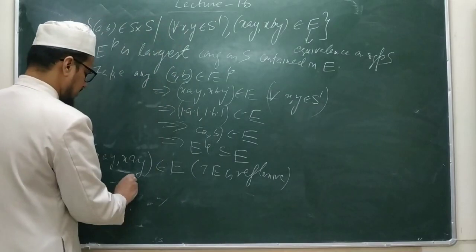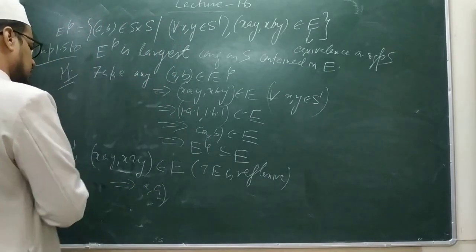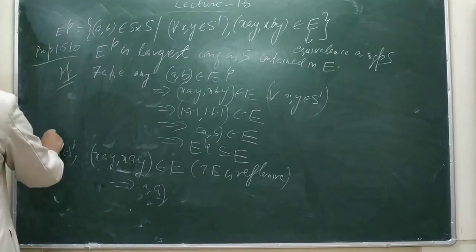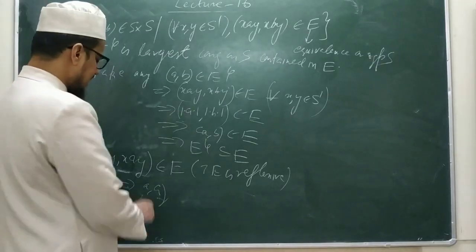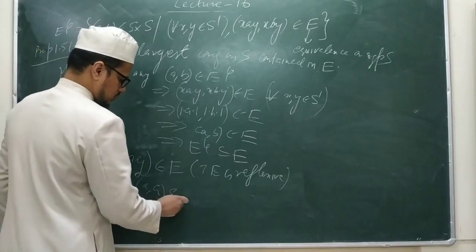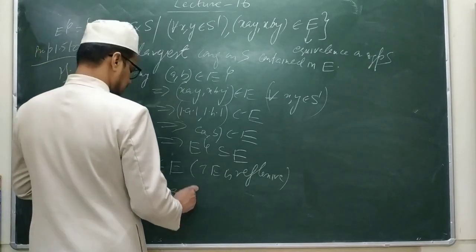So it implies what? It implies that A comma A. You also write here for every X, Y belongs to S1 and for every A belongs to S. So it implies that A comma A belongs to E natural.